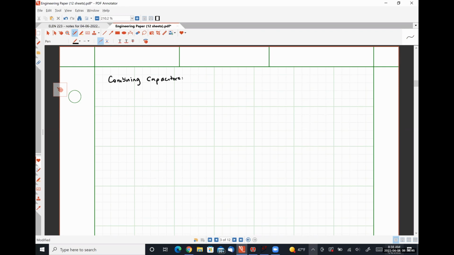So let's first consider a network that contains multiple capacitors connected in series. Let's say that we have a capacitor C1 over which a voltage drop, let's just call it V1, occurs. And then a capacitor C2 over which a voltage drop V2 occurs.